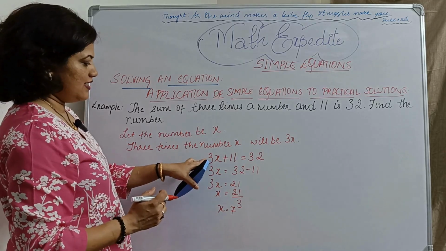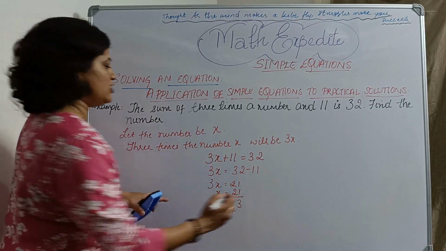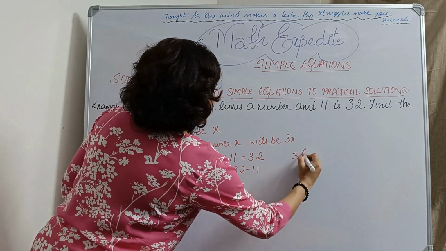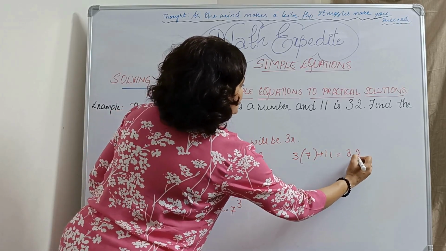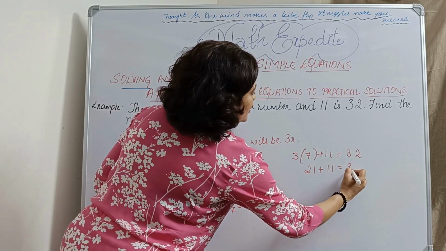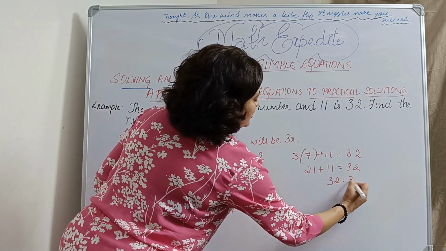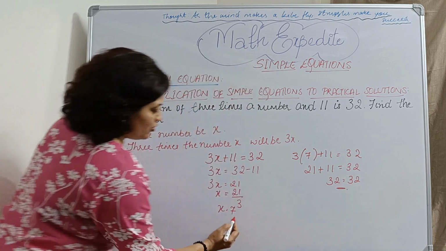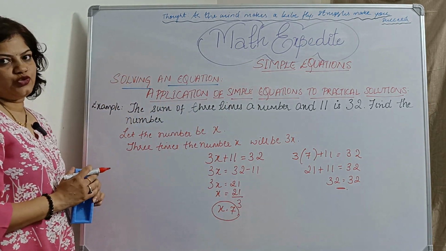So let us apply this x equal to 7 in this equation. So 3 into 7 plus 11 equals 32. 3 sevens are 21 plus 11 equals 32. So 32 is equal to 32. So x equal to 7 is the correct solution.